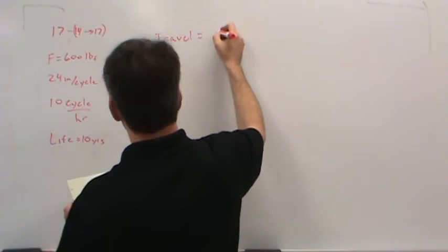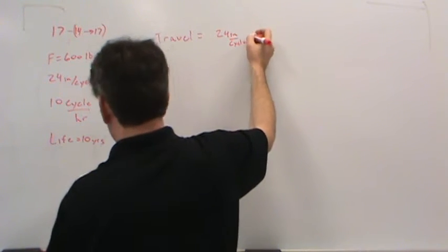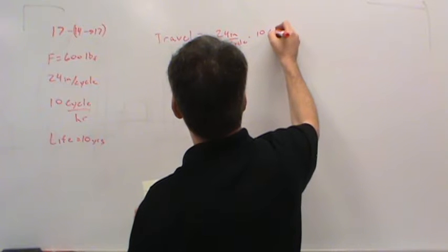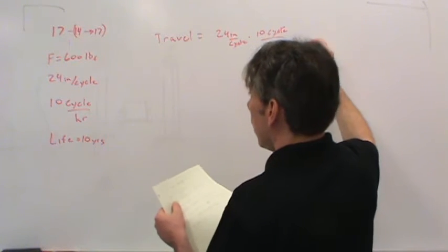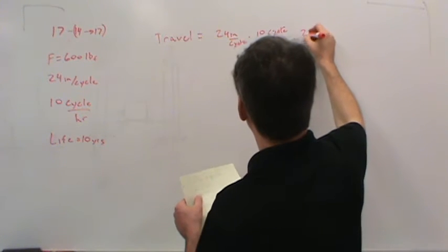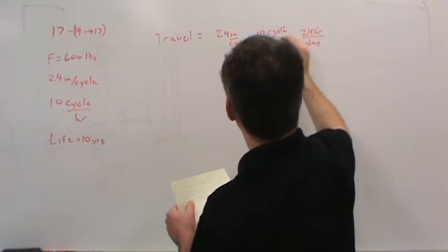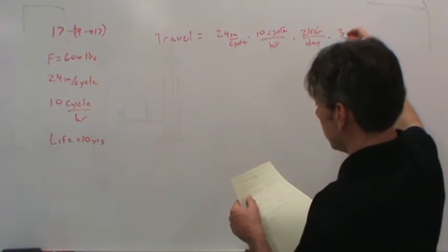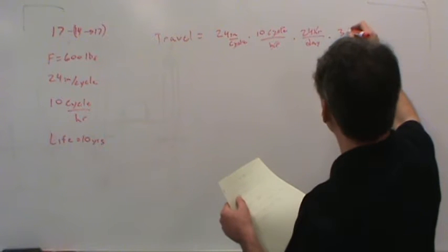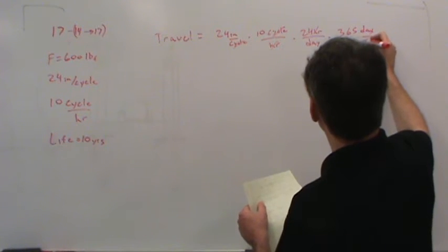But anyway, we're trying to add up how much distance this lead screw moves its load. So basically the travel is what we want. And the travel is 24 inches per cycle multiplied by 10 cycles per hour. So you see the cycles go away. Multiplied by 24 hours a day, and days per year.